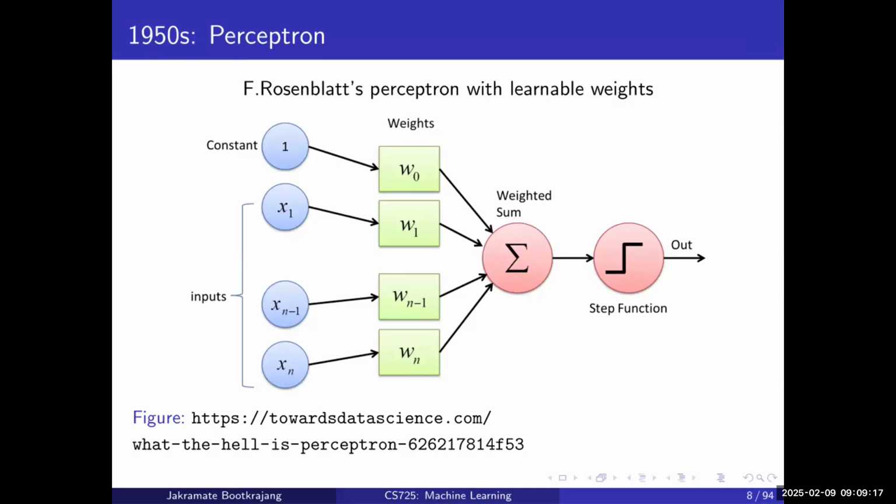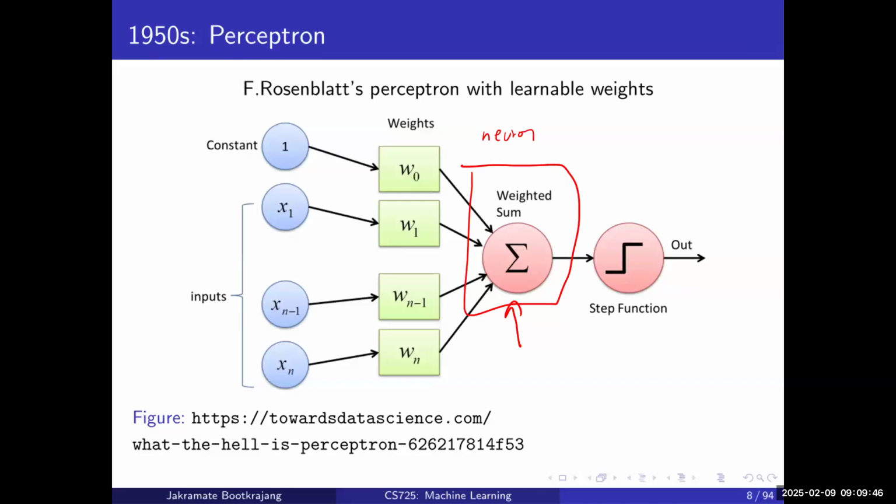Now in 1950, Rosenblatt introduced the perceptron. In the perceptron, this node, the weighted sum node, this was a neuron, right? This was our original neuron. And this neuron is going to get many inputs.